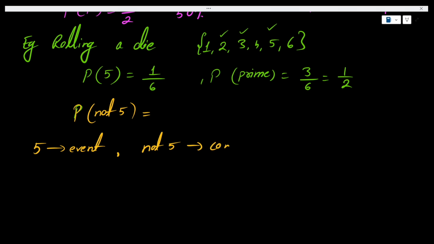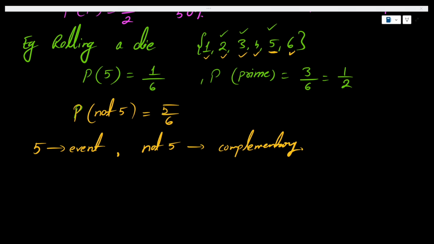So 5 and not 5 are complementary to each other, so they are known as complementary events. What is the possibility of not 5? Other than 5, you can get 1, 2, 3, 4 or 6, so that is going to be 5 out of 6.